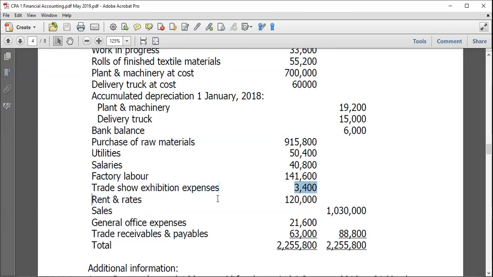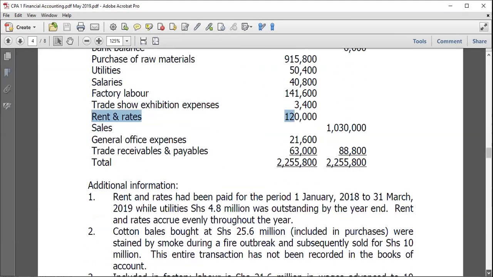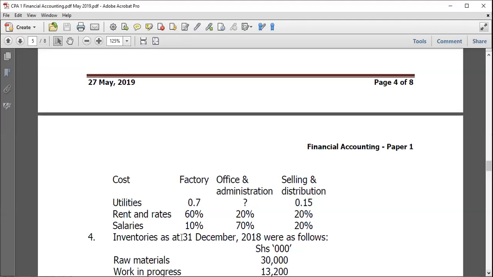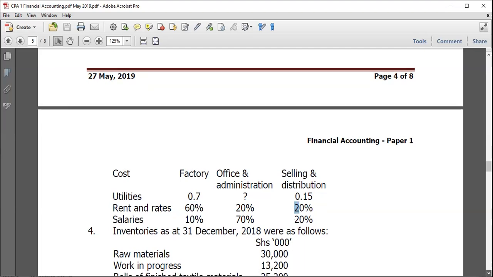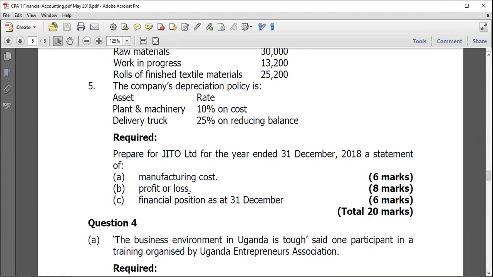Renting and rates, in most cases, they will divide the rent and rates depending on how they are being utilized by the factory, office, and administration. We know that this 60% will go in the manufacturing cost statement, and then we know that 20% and this 20% will go when we are trying to do our overall P&L.